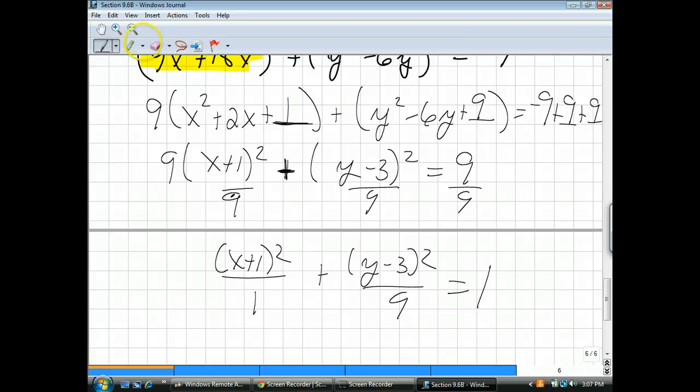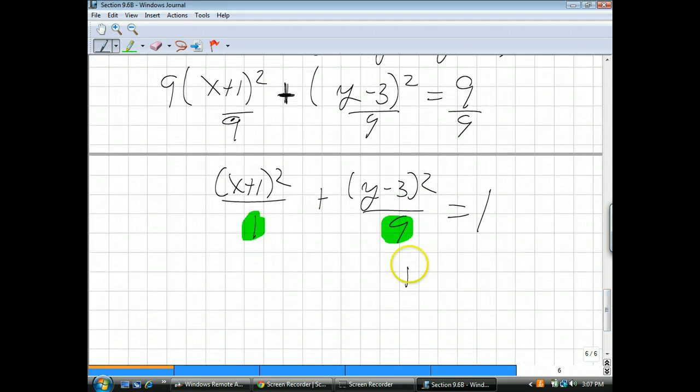So since the two denominators are not equal, then we know it must be an ellipse. So it's an ellipse with center at -1, 3.